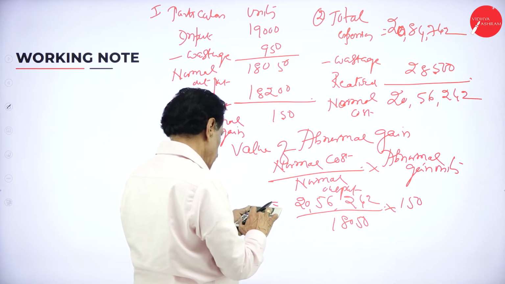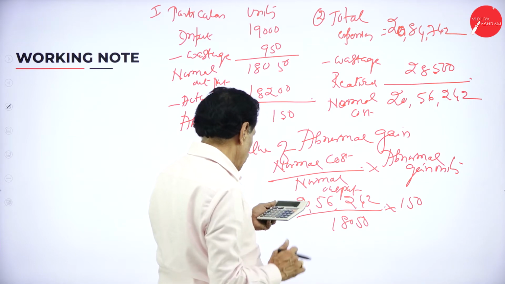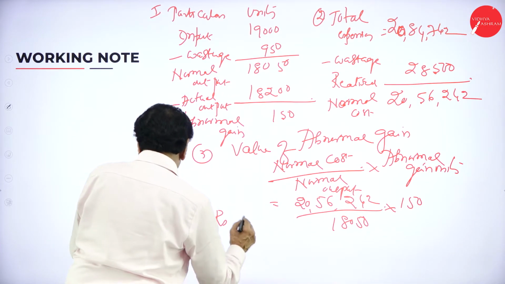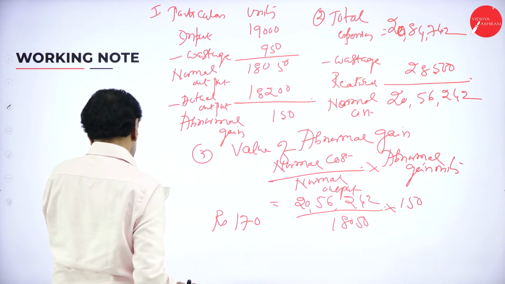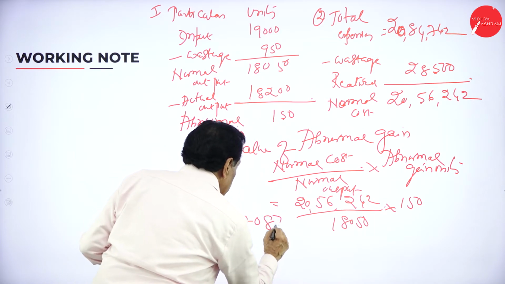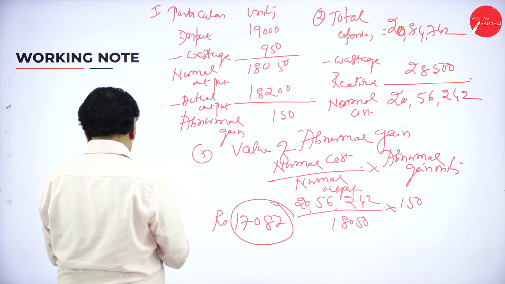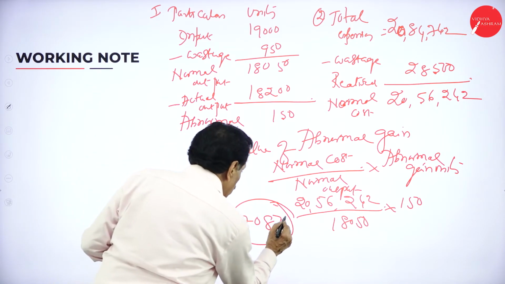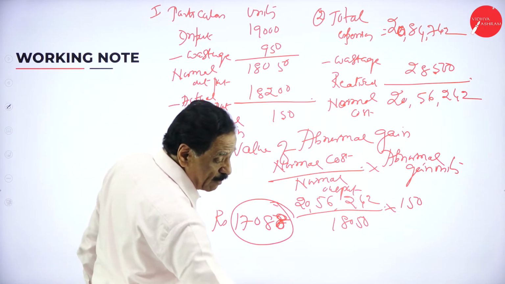This is rupees 17,087, almost 17,088 is the abnormal gain.